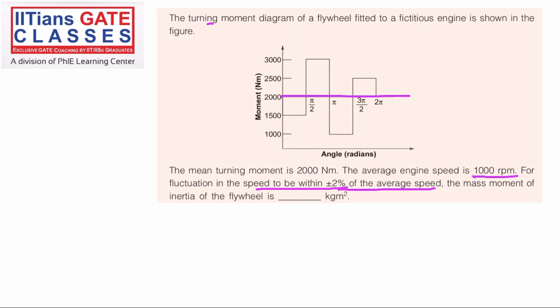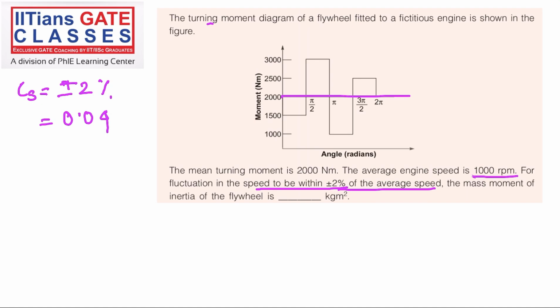The mass moment of inertia of the flywheel is, again you need to find out the mass moment of inertia, right? In this question you can see that the value of CS, the coefficient of fluctuation of speed, is plus minus 2%, so it is equal to 0.04.